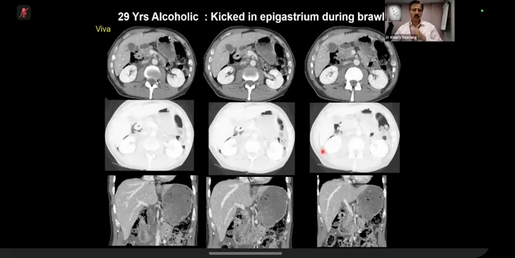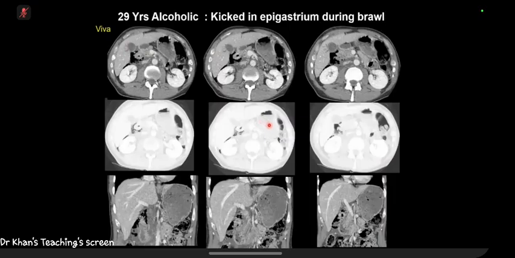Now, this patient is from A&E trauma. You are the on-call radiologist, and you can see lacerations of the liver, but what is happening around the duodenum?